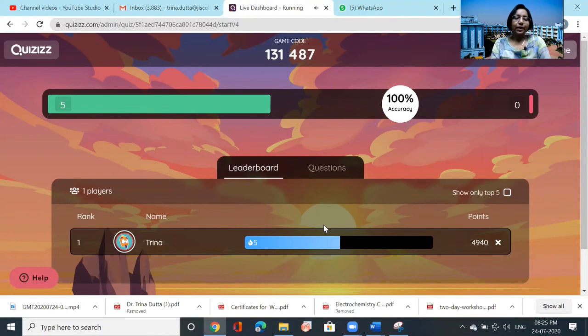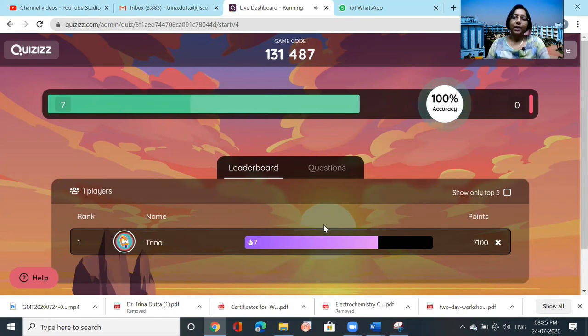So if you are accurate, your marks will increase, and when many players are playing at the same time, there will be a competition. Those who get the more score, their name will be at the top of the list, and those who get the less score will be below in the list.